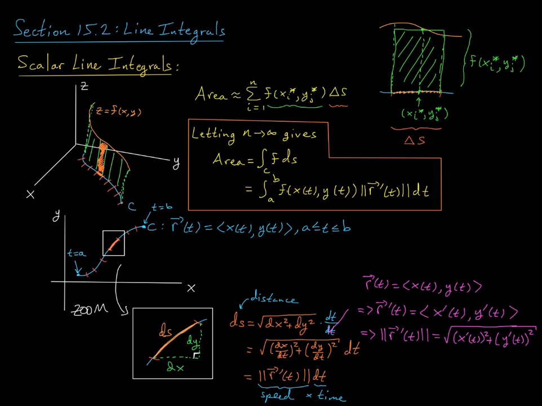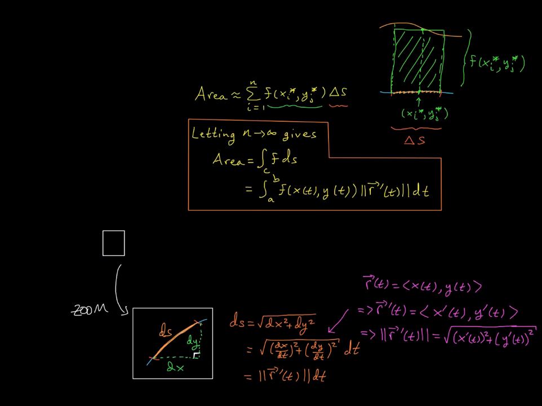So I'm going to just take f of x of t, comma y of t, and then my ds, as we argued down here, is just the speed times time. So in other words, it's the magnitude of the derivative of the vector function that describes C, and then you have your dt.